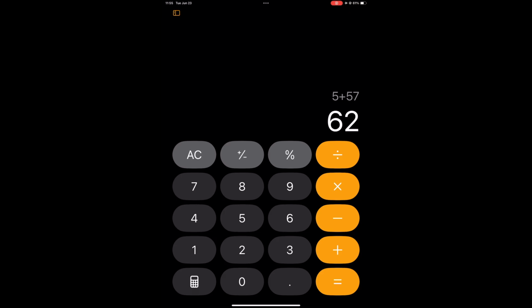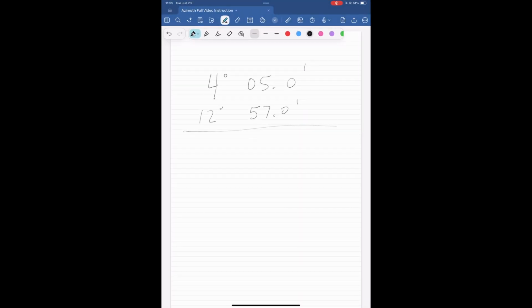And that's going to give us a whole hour that we will carry over. Minus 60 minutes leaves us with 2 minutes left over. And we're going to carry the 1 hour, sorry, 1 degree, over to right here. 60 minutes of latitude or longitude is equal to 1 degree.